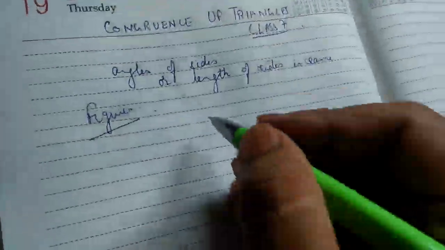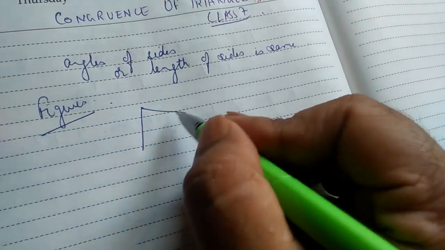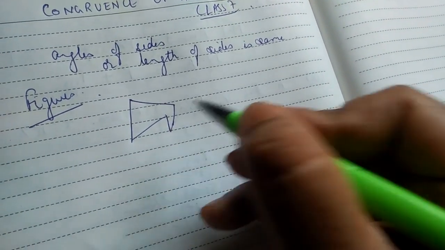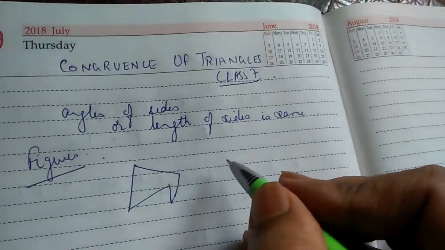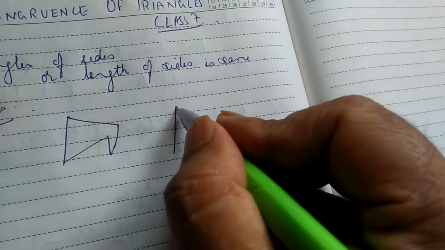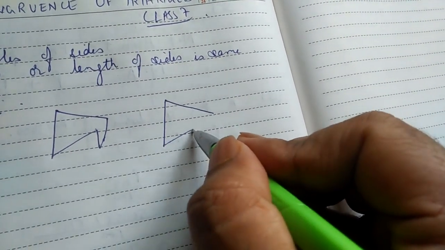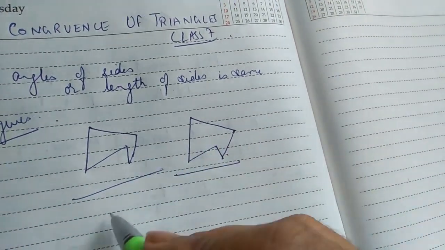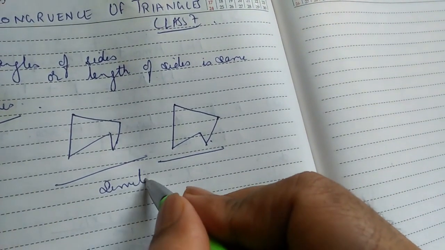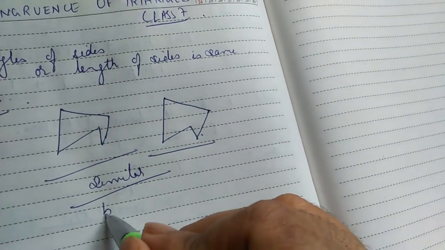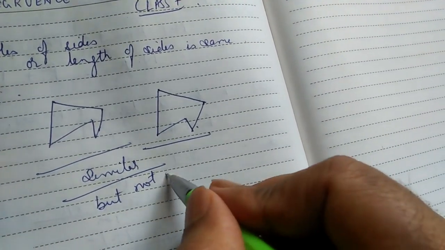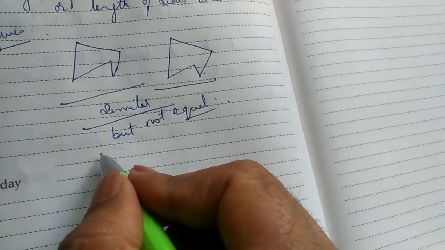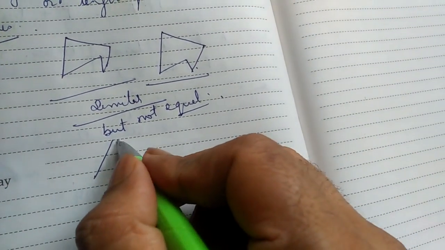Let's say this is a figure. This is not a rectangle. Sorry, this is not a triangle. Let's say this is the figure. These two figures are similar, but they are not equal. Now let's take another figure. Let's say this is the figure.